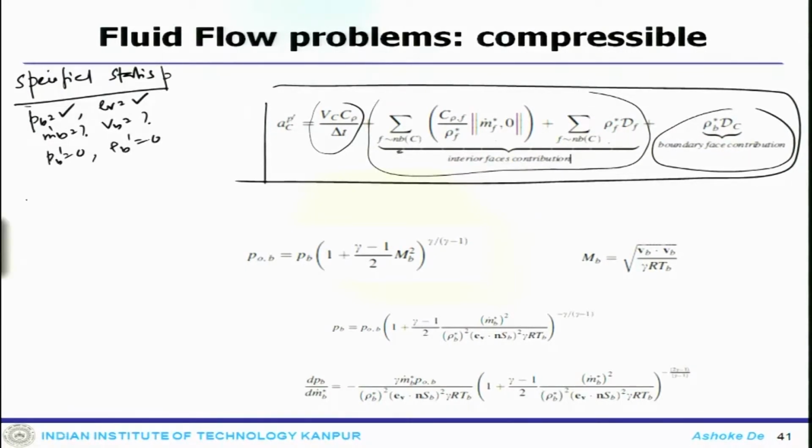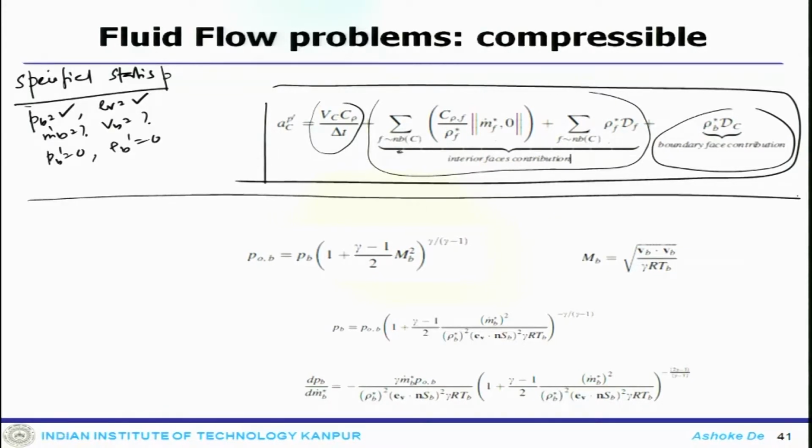Now, another kind of boundary condition that we did not talk about in the context of incompressible flow, which is quite important here, is when you define the specified P naught or the total pressure and velocity direction. So, that means P naught B is known, EV is known, so which means m dot B is not known, VB is not known.